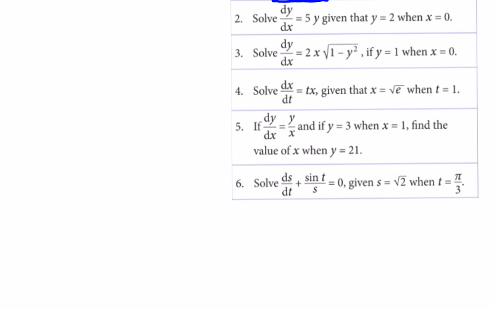Question 2. We're told y is 2 when x is 0. And we cross multiply. We're going to get dy over y is equal to 5dx.